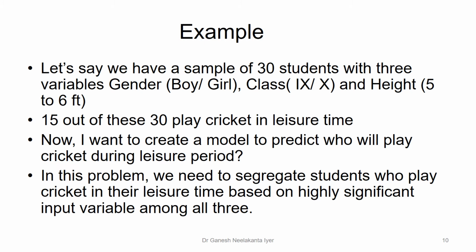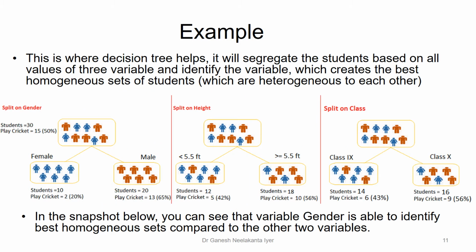In this problem, we need to segregate students who play cricket in their leisure time based on the most significant input variable among all three. So the first step here is to see which parameter can give me the best split in the first round.